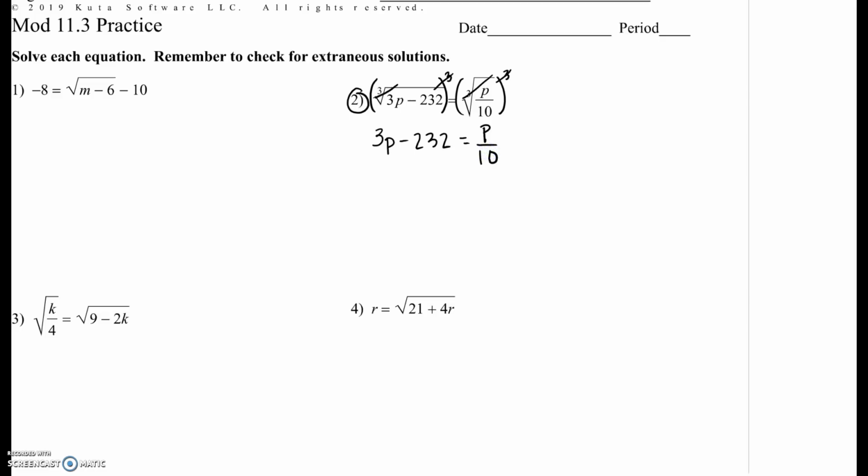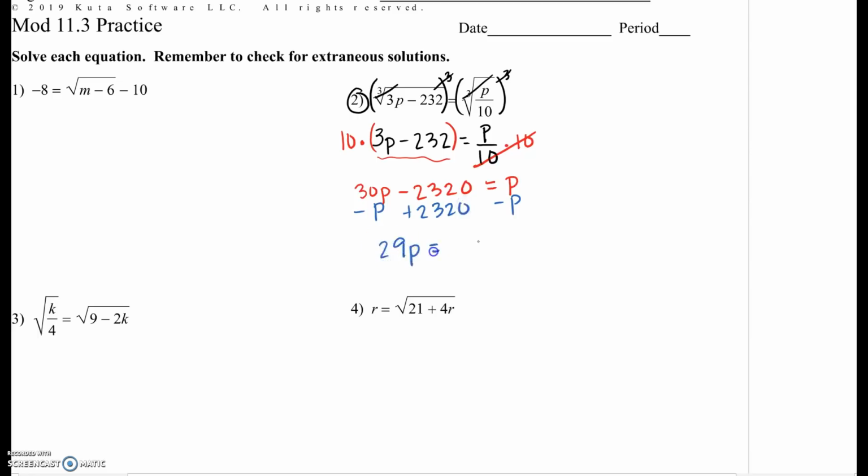The next thing we're going to do is multiply by 10 on both sides, which is going to be distributed to this entire quantity here. And so we have 30p minus 2320 equals p. Next I'm going to subtract the p and add 2320, and so I get 29p equals 2320.